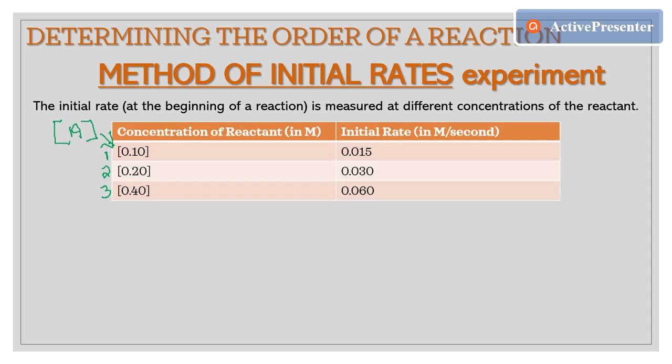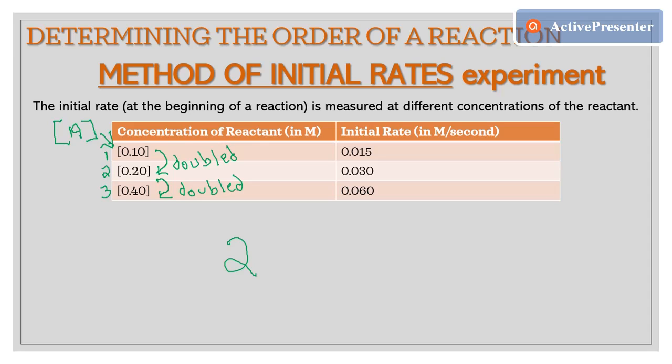Now if we compare the concentration of experiment 1 to the concentration of experiment 2, this doubled. Okay? And also we can do the same thing over here from 0.20 to 0.40, that doubled. So we're going to write a 2 down here because it doubled.